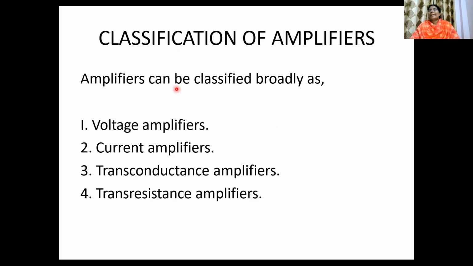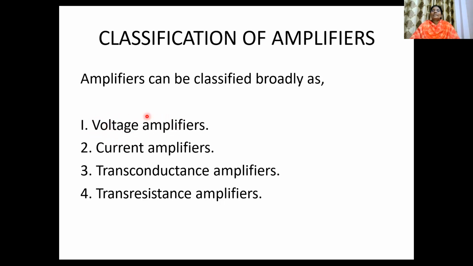Amplifiers can be broadly classified into 4 categories. One is the voltage amplifier, second is the current amplifier, third is the transconductance amplifier, and fourth is the transresistance amplifier. Now tell me, what is meant by voltage amplifier? In a voltage amplifier, both the input side and the output side are voltage sources.